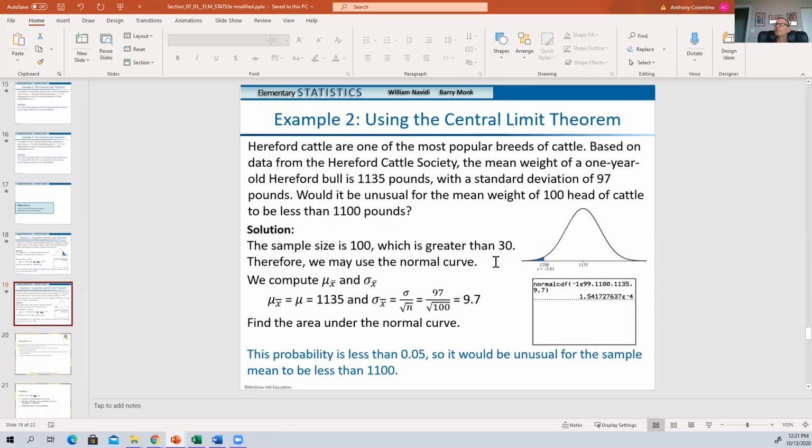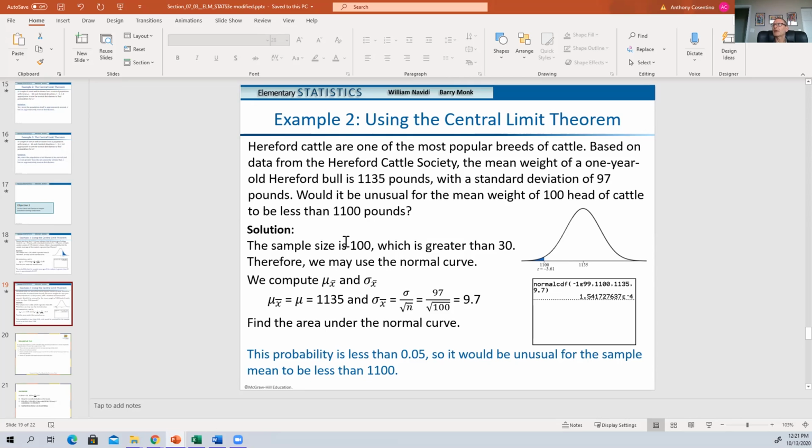Would it be unusual for the mean weight of 100 head of cattle to be less than 1,100 pounds? Remember, the term unusual means unlikely, which would be less than or equal to 5%.